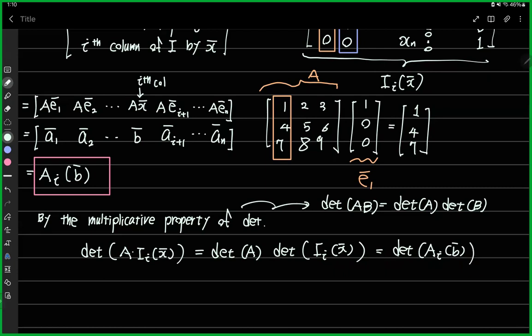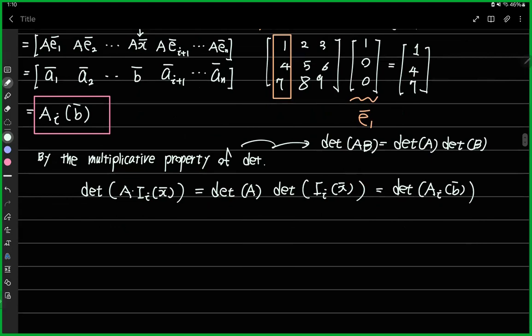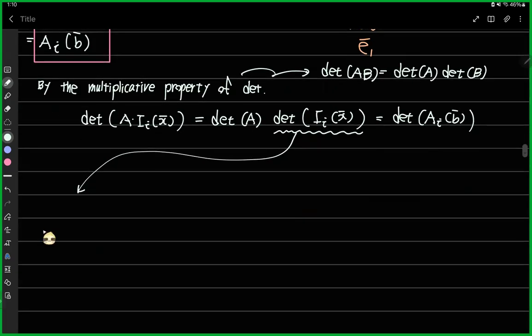So now let's figure out this one. I'm wondering about this one. The determinant of I sub I of x bar is equal to, what is I sub I of x bar?